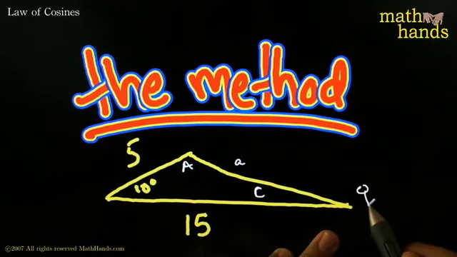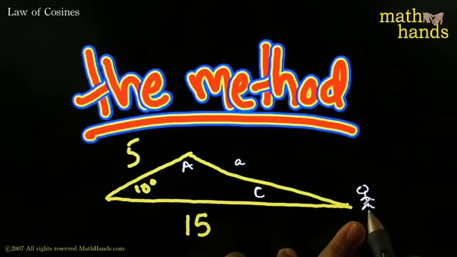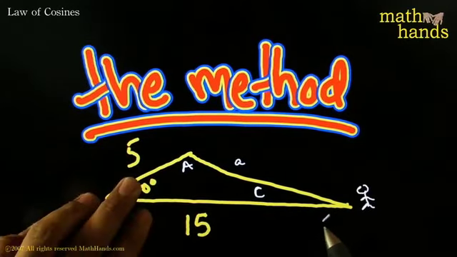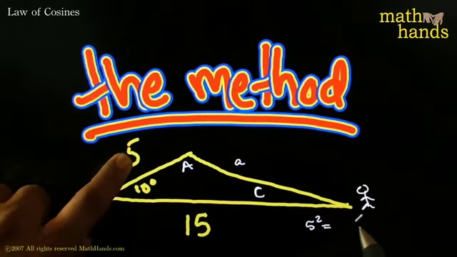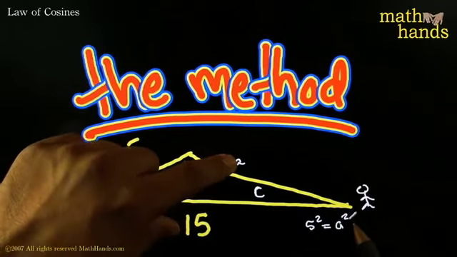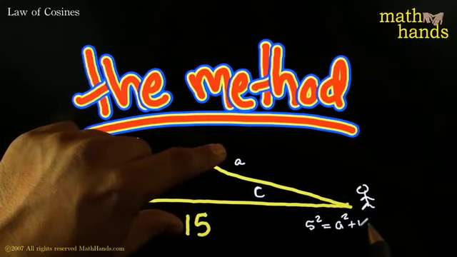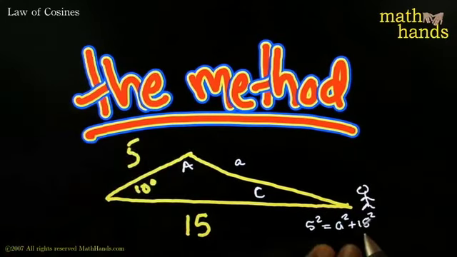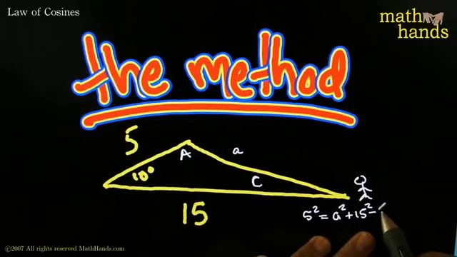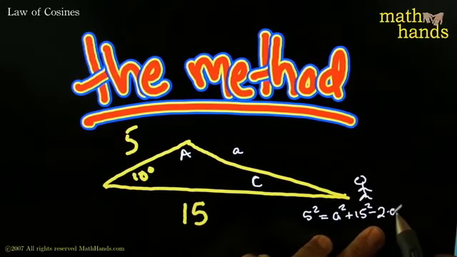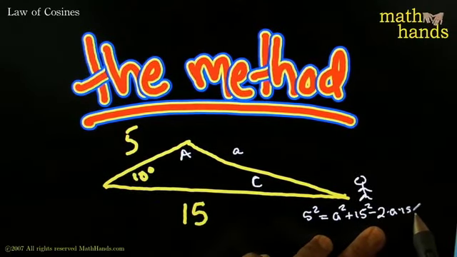If I stand over here and I apply the law of cosines, I will treat this one as a hypotenuse, so I'll get that 5 squared is equal to a squared plus 15 squared. And that would be as far as Pythagoras takes you, but the law of cosines says, hey, I know exactly what the error is. You have to subtract 2 times a times 15 times cosine of c.